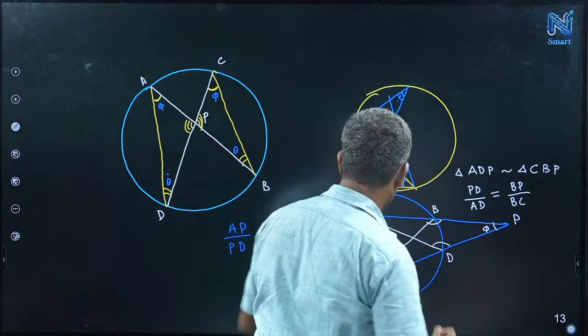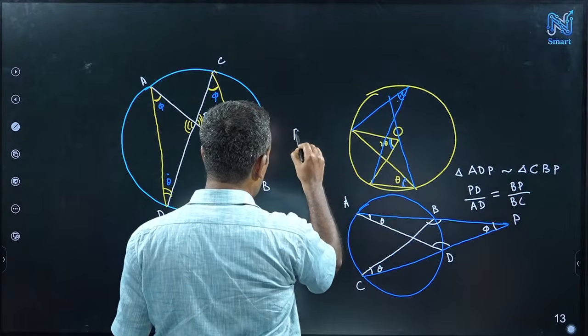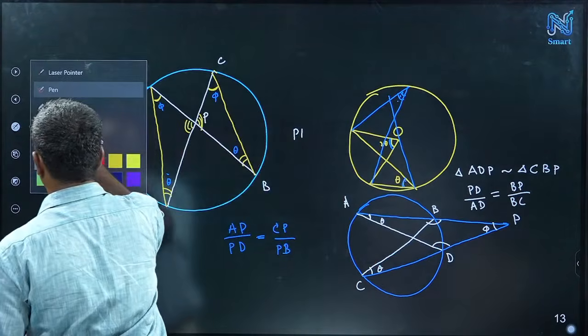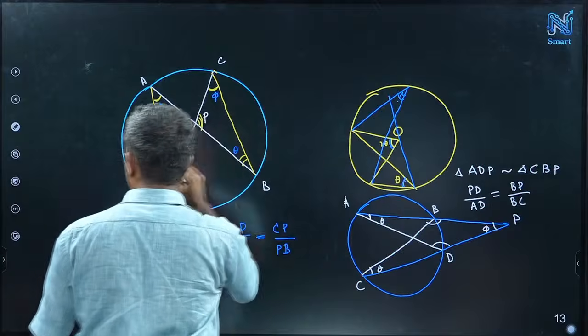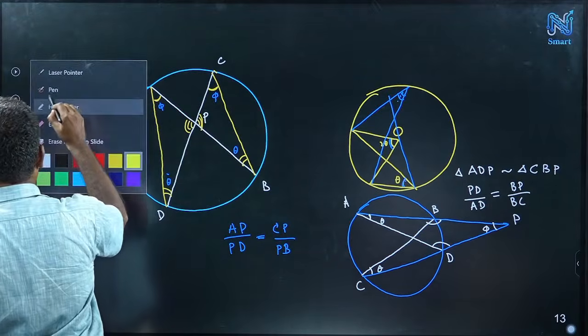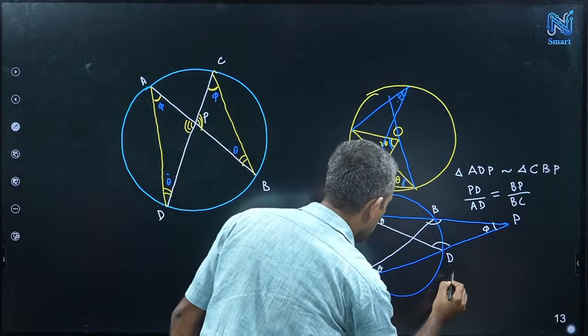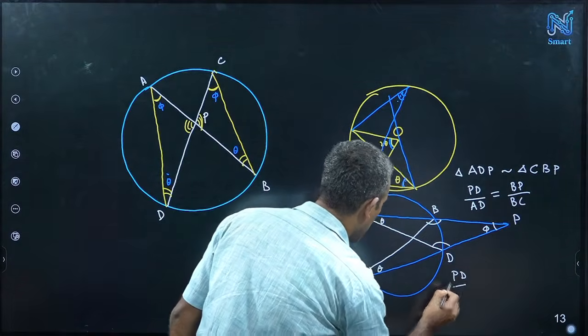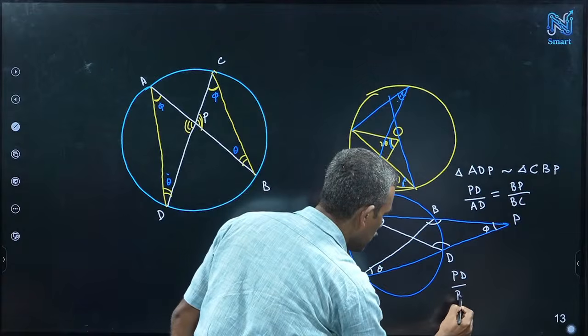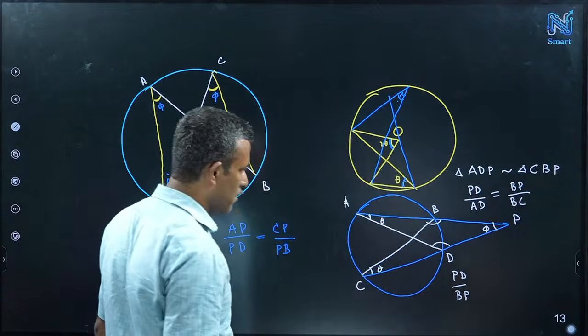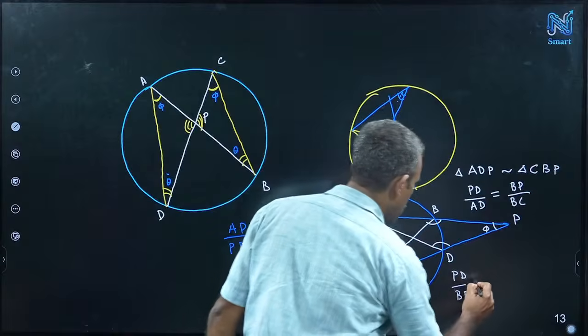Opposite to theta is PD, divided by opposite of theta is BP. That we need, and this is equal to what?